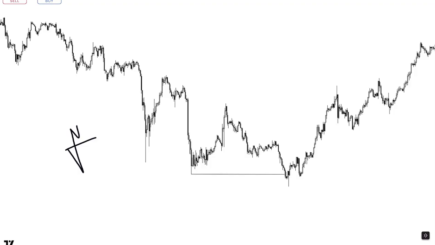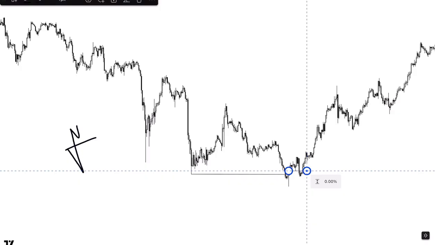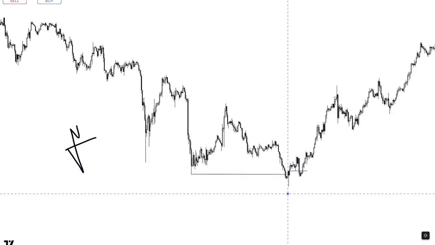So in this case, you're going to focus on the largest down close candle, which liquidated the old low, which is this one, right? And I'm going to use this one as my model number one. This one specific candle.